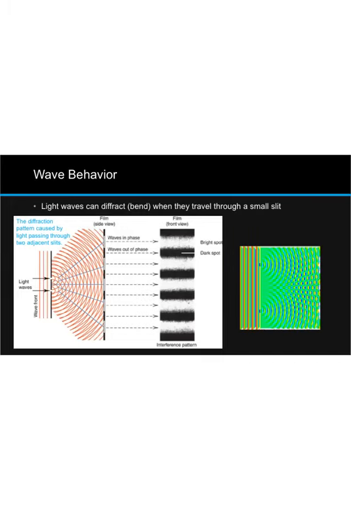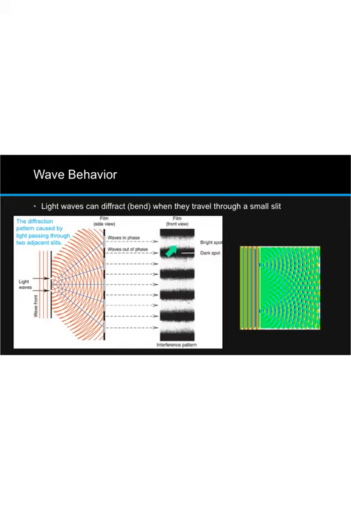Similar to the ways in which sound waves reflect, we can also think about light waves reflecting, refracting, and generally bending as they travel and encounter obstacles. Light waves bend by diffraction when they travel through a small slit to create a pattern of alternating bright and dark spots as they constructively and destructively interfere with each other in turn, either in phase for constructive interference or out of phase for destructive interference.